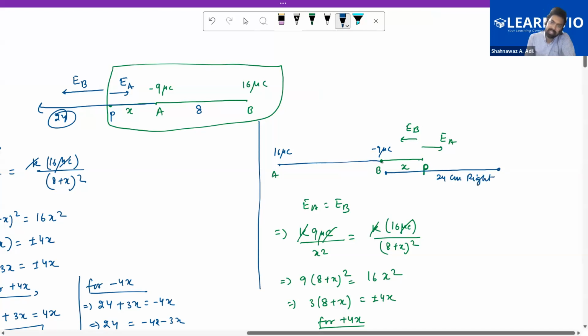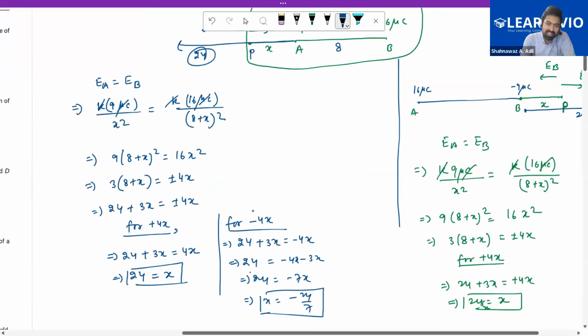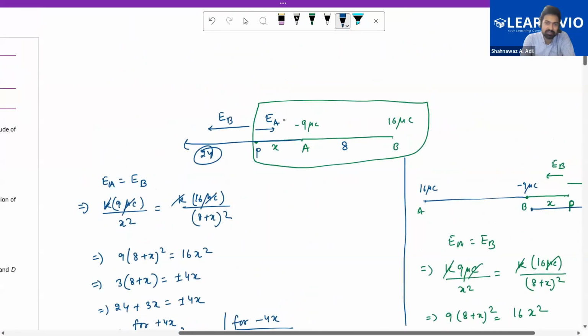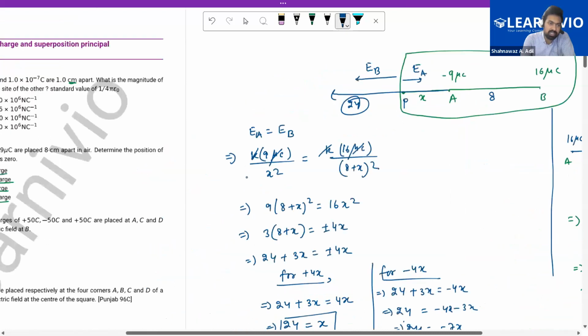But if we take this scenario, if we take this 9 coulomb in the left direction, the answer would be 24 centimeter, but in which direction? In the left direction.